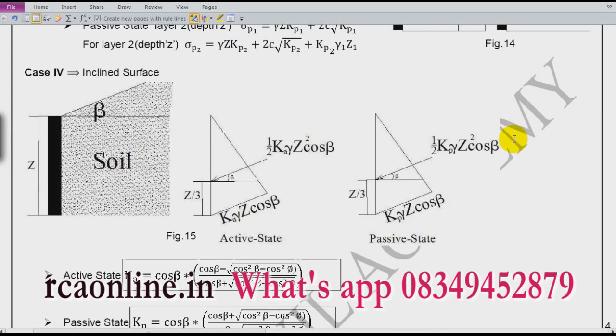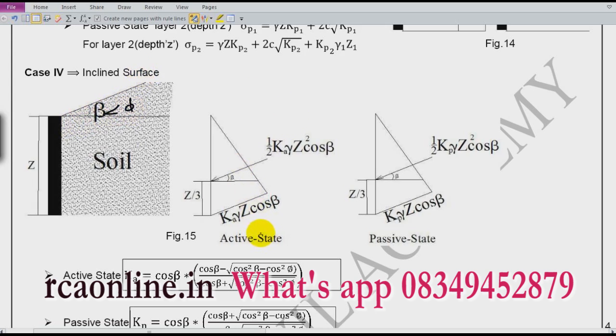Now the third part is, till now we have taken that the soil layer is horizontal, but we can place the soil at an angle beta, which will be less than phi. Is it okay? At an inclined surface.